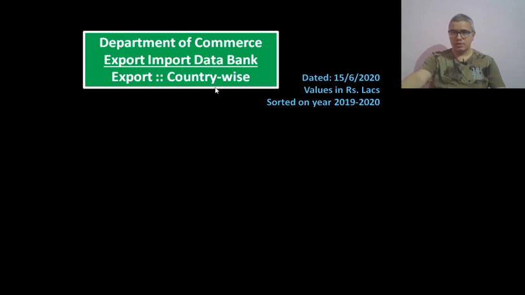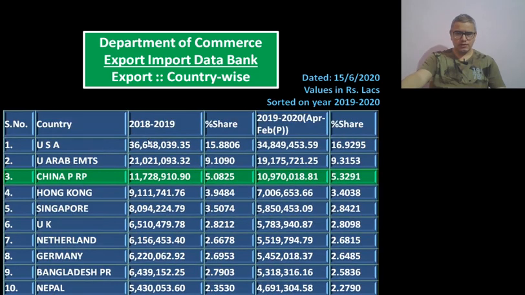This is the Export Import Data Bank, and in this particular slide, I'll be discussing the export country-wise, and the figures are given in rupees lakhs. If you see, it consists of 2018-19 data and 2019-20 data. Here the data is provisional.